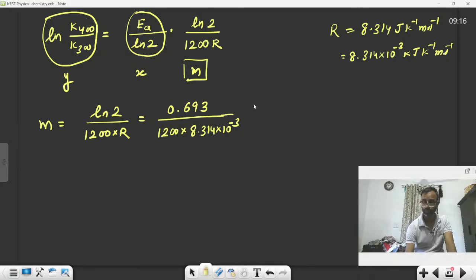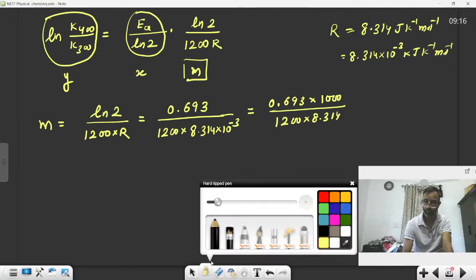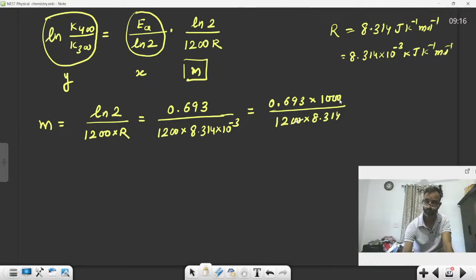So it is 0.693 into 1000 divided by 1200 into 8.314, again 20 cancelled, so it becomes 0.693 into 10 divided by 12 into 8.314.